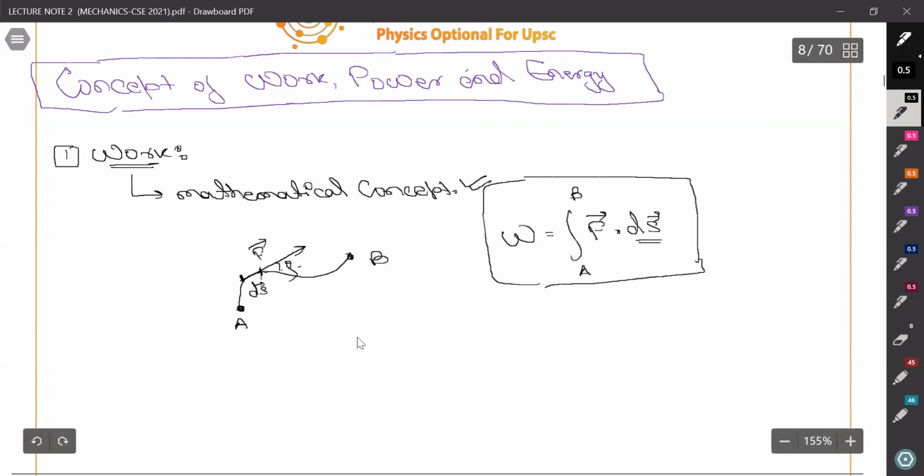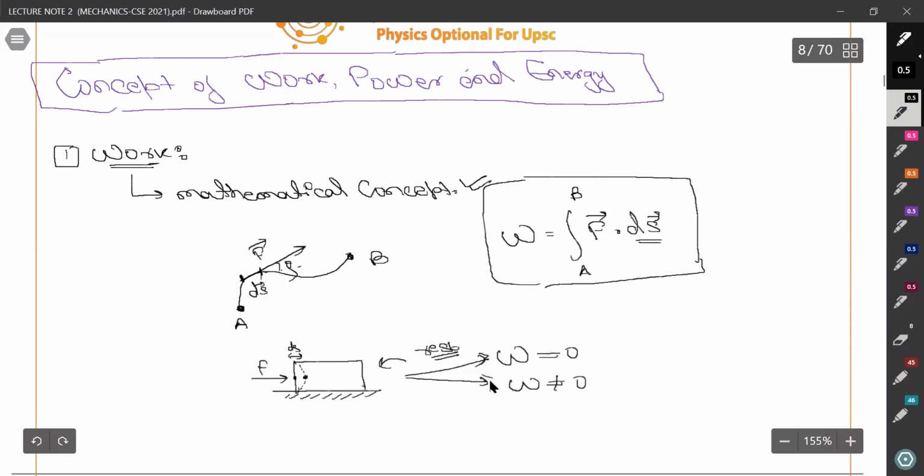What is ds? What do you understand by ds? For example, suppose this is the box, and if I put force here and the block does not move, but this point shifts to this point, this is the ds, but the block is at rest, the block is not moving. So is work done zero or not zero here in this case? So work done is not zero here. Why not zero?